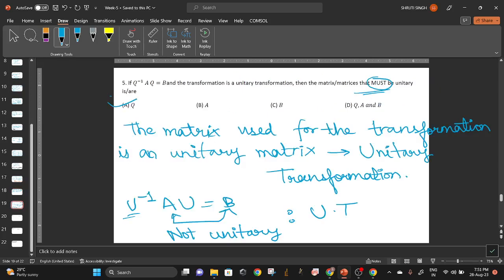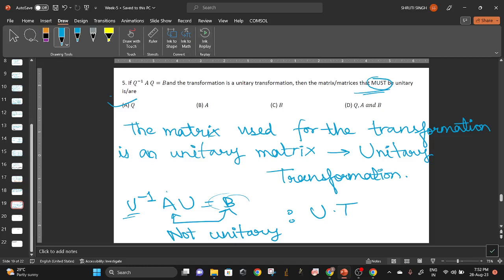I am telling you the same thing. It is possible if A and B are orthonormal or unitary. It will work. But this transformation will also work if you take a unitary matrix and take an A which is not unitary and try to do the transformation. You will be able to find a matrix B. I'm telling you by definition.